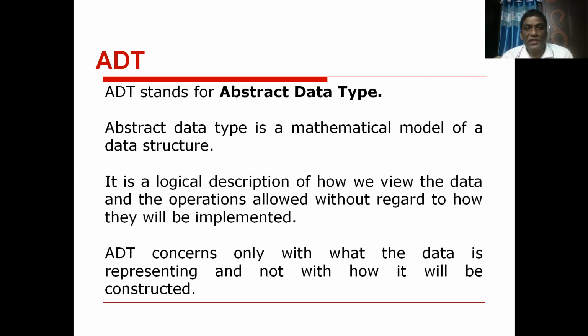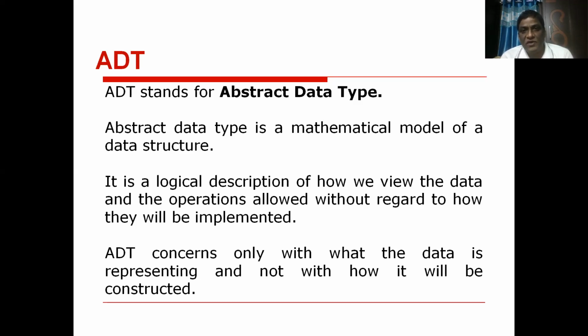So whenever we talk about ADT, it means how do you store data of a particular data structure. Then it talks about what are the possible operations that can be performed on that particular data, right? But the thing you need to remember is that the ADT does not specify any implementation details of how those operations will be performed.